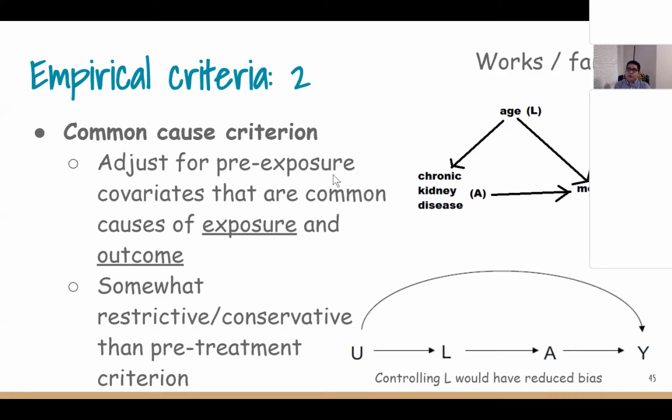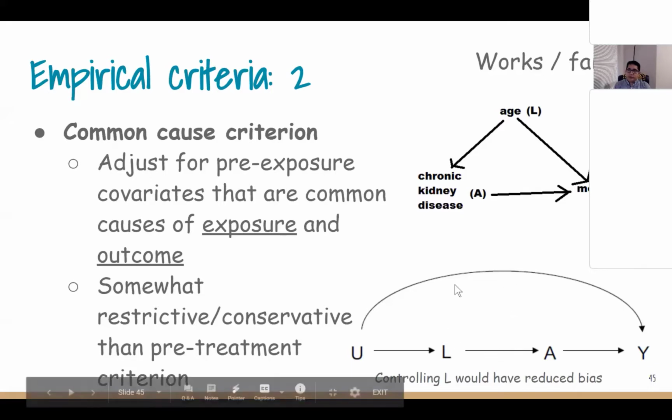So we not only try to find a variable that is pre-exposure, but we also try to find out whether that pre-exposure variable is also somehow associated with your outcome. And if we can find such a variable, we say that that variable follows this common cause criterion. So it has to impact both.